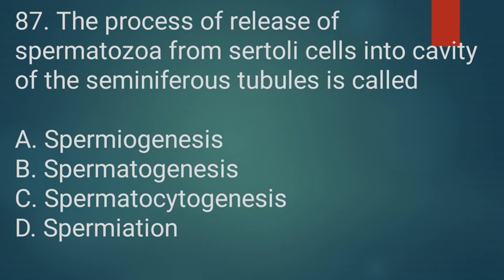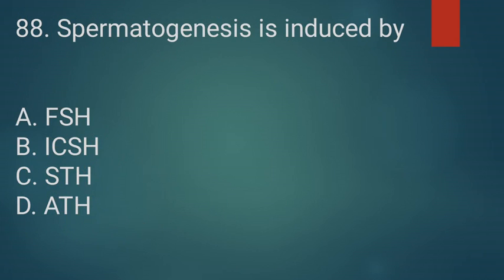Options are option A spermatogenesis, option B spermatogenesis, option C spermatocytogenesis, option D spermiation. Here the process of release of spermatozoa from Sertoli cells into cavity of the seminiferous tubules is called spermiation.